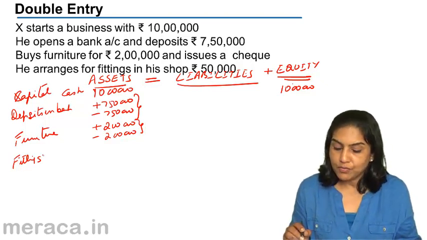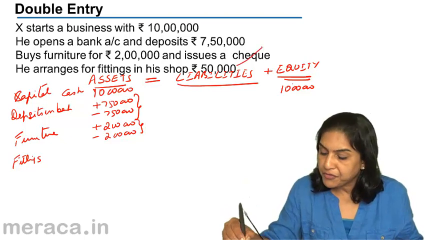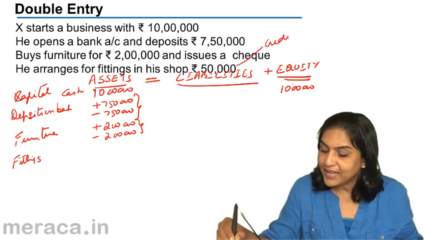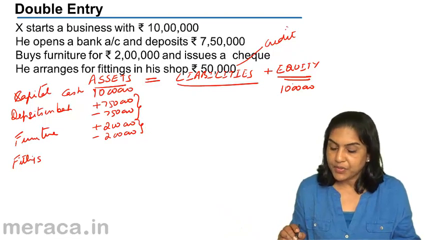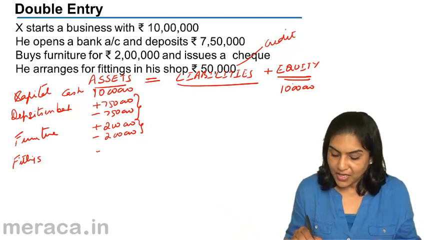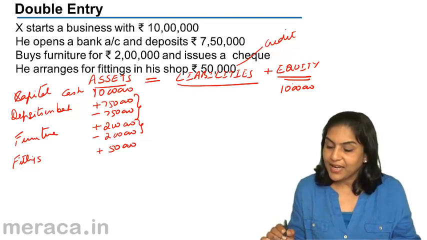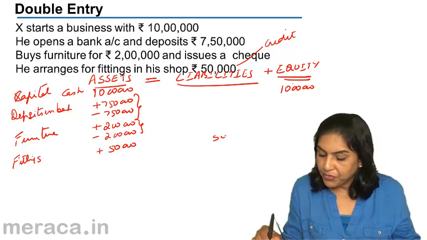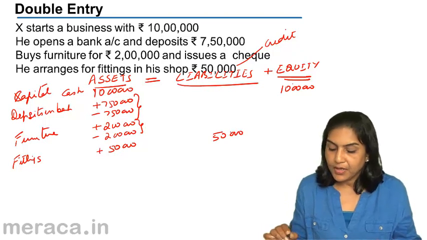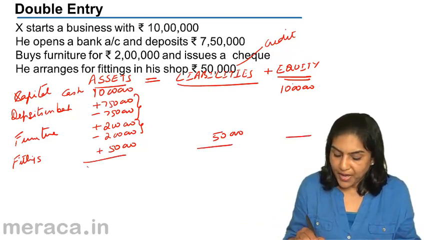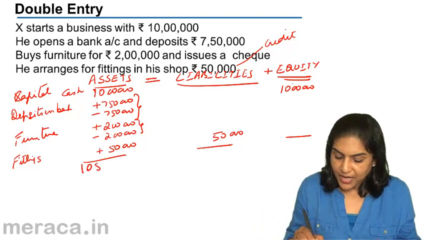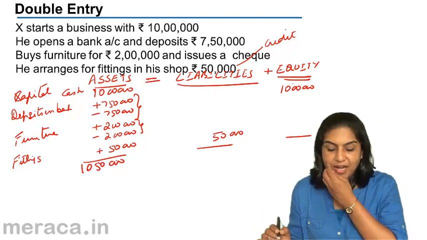Let us assume this arranging of 50,000 is on credit. He has not yet paid the person. In that case, he has fittings, another asset of 50,000, and a liability of 50,000. At the end of this, if we take the equation, what we have is an asset of 10 lakh 50,000. How do we have 10 lakh 50,000?